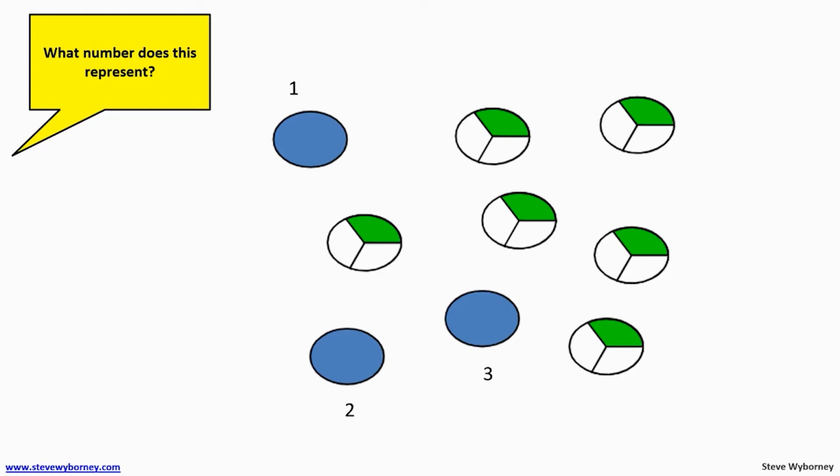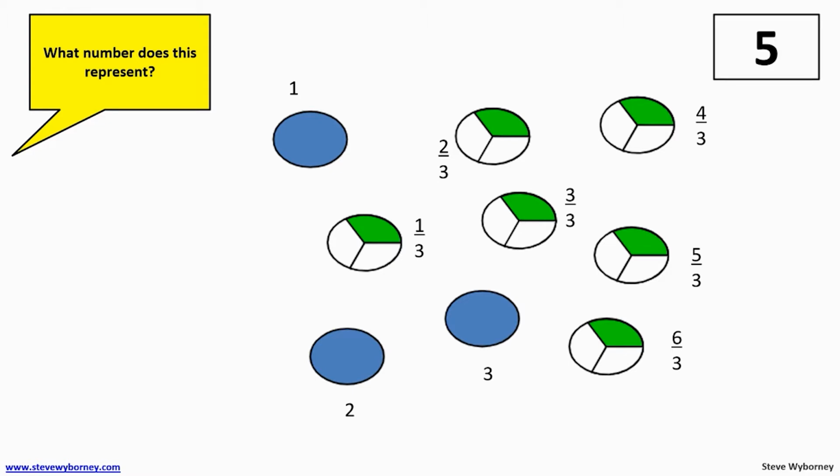I can count those by 1/3. 1/3, 2/3, 3/3, 4/3, 5/3, 6/3, which is the same as 2 wholes. So all 6 green parts make up 6/3, or 2 wholes. When I add the 3 wholes to the 6/3, I get 5.